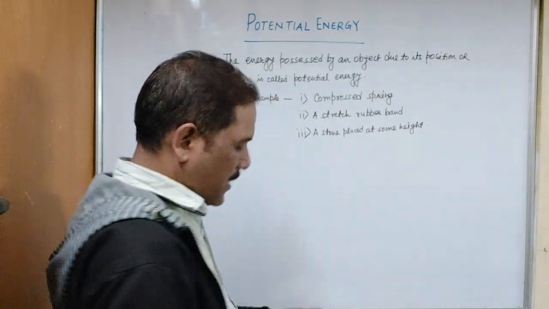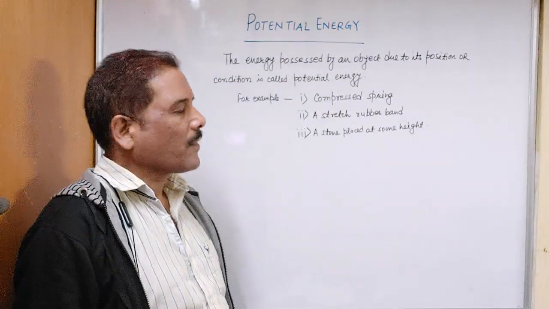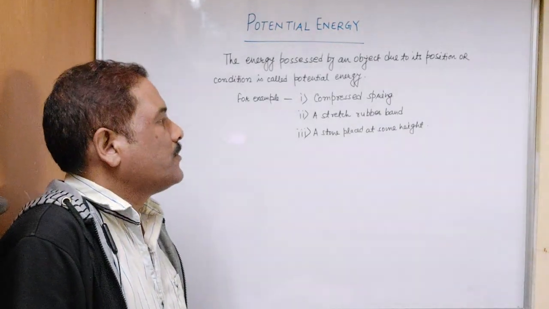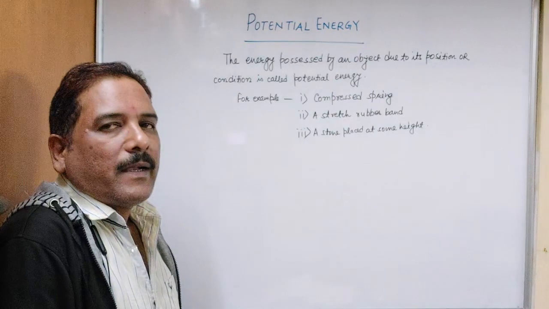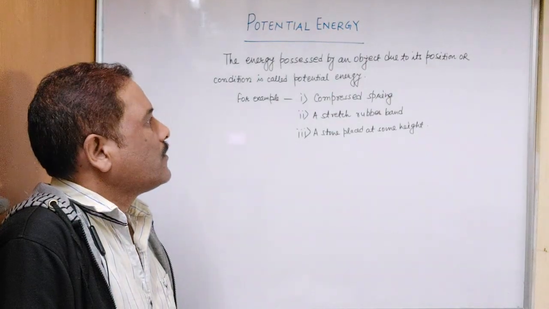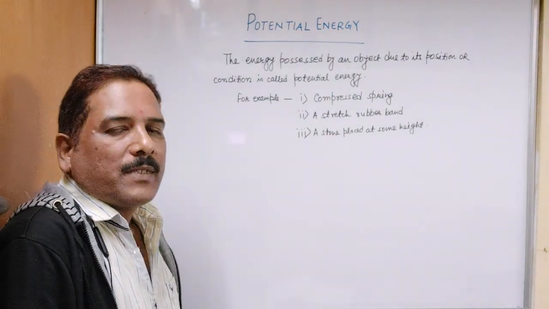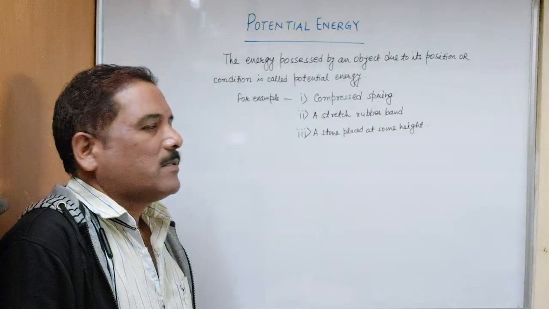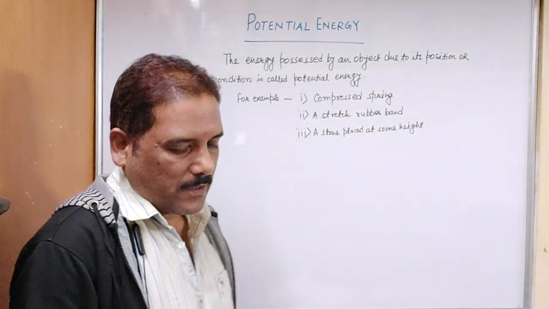In this way there are so many examples, and these are a few of them. So you can say that an object acquires energy when its position is changed or its condition is changed.